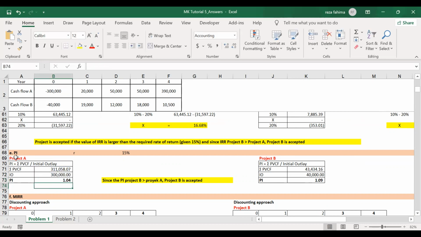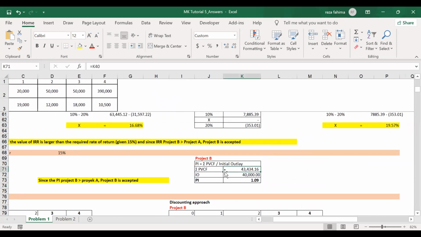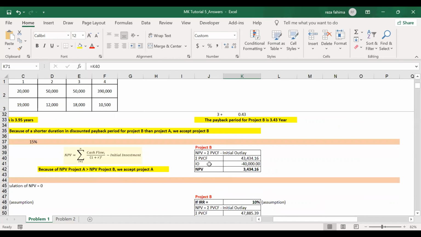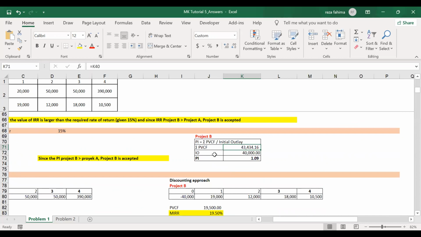1.04 for project A. And for project B, it's also the same. The sigma of present value cash flow, we have calculated it in point C for NPV, so we can just refer to it. And the initial outlay for project B is 40,000, and then the PI is this sigma present value of cash flow or PVCF divided by the initial outlay.